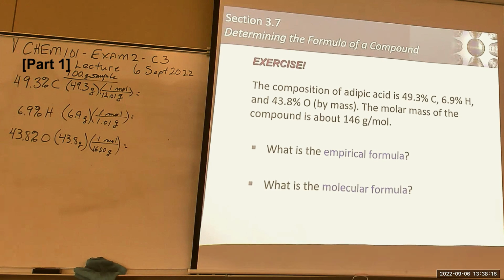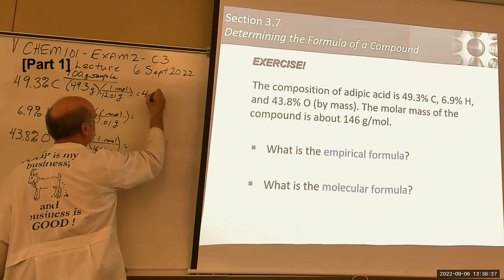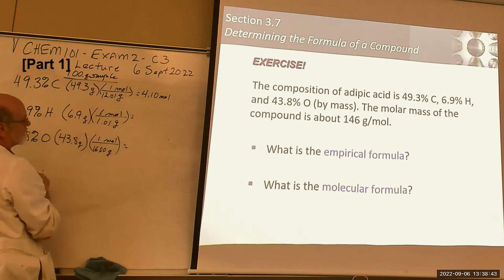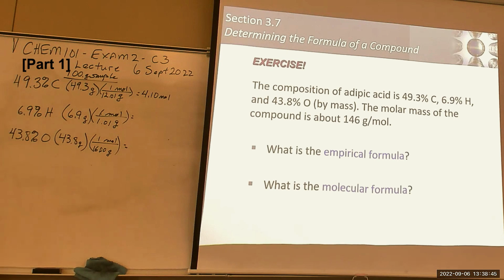So if we do that calculation for each one, 49.3 grams divided by 12.01, I get 4.10, rounded off. In that sample, 4.10 mole of carbon in that much sample. 6.9 divided by 1.01 is 6.83.